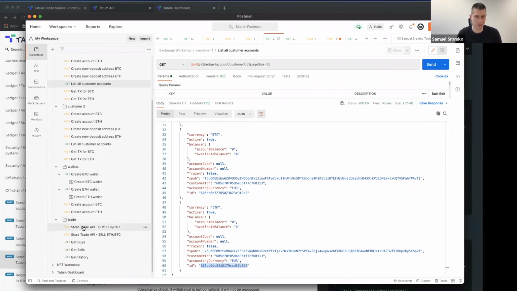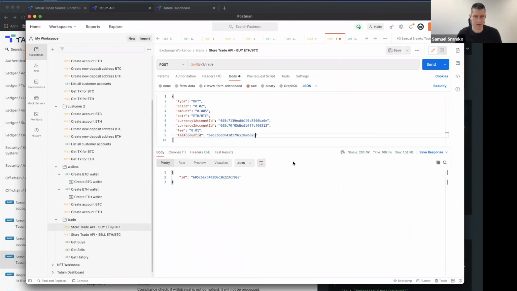And when we enter the fee and the fee account ID inside the create trade operation, every time the trade is closed, 0.01% of the traded amount is transferred to this ledger account of your service.